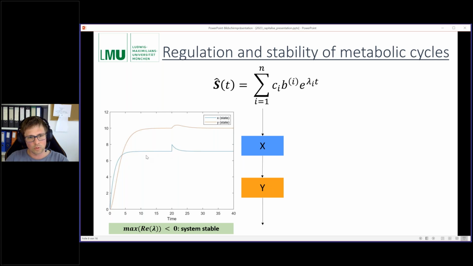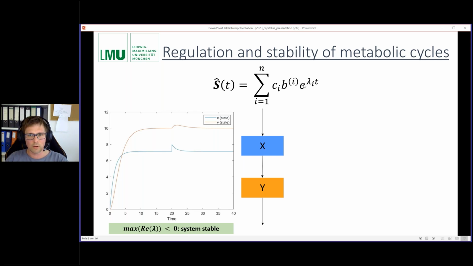We fit our model to experimental data, then we simulate it, and then we introduce a perturbation, which you see here. So X or Y is perturbed, and then we take a look at the system behavior. What you immediately see in this example is that this system is successful in coming back to the original level, the original homeostasis, and that's why we term it stable.